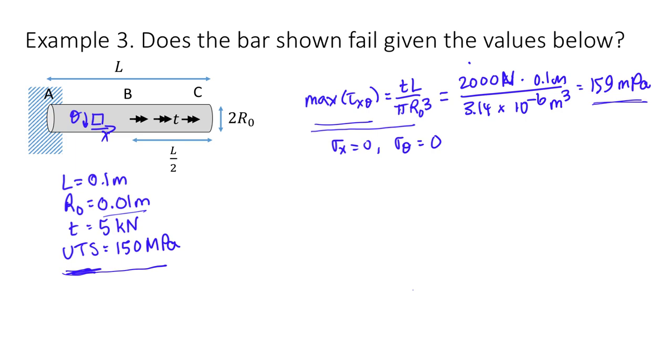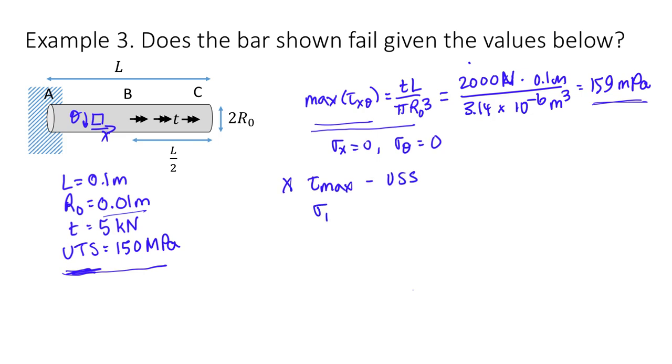So then the question is, what do we do for this comparison? We can't compare shear stress to ultimate tensile stress. Instead, what we want to compare is tau max would be compared to ultimate shear stress. We don't have that value, so we can't do that.